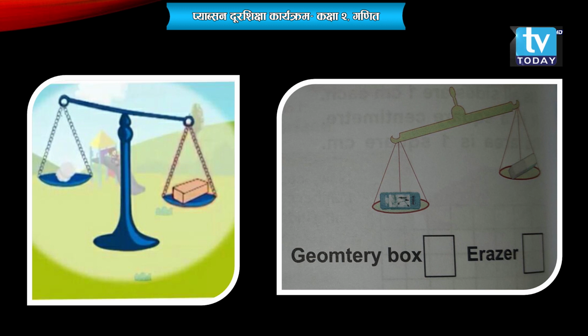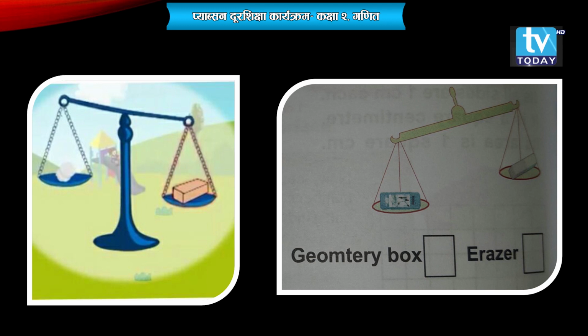Now, next picture, see here. You can measure it also, by taking those two objects in your one hand. What is in the picture? On one side there is the geometry box, and on the next side there is the eraser. Now tell me students, which side do you feel more heavy while carrying?